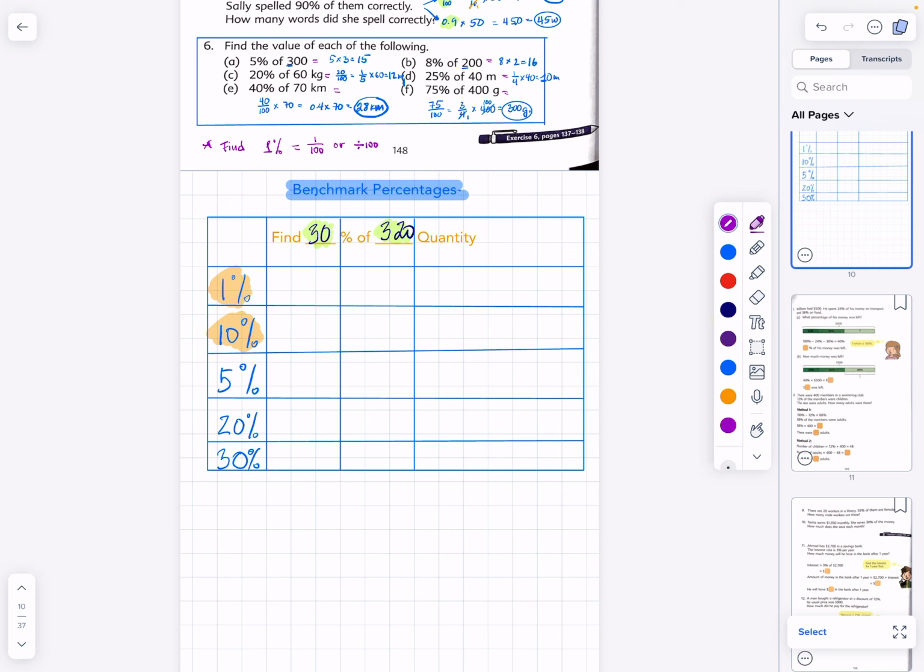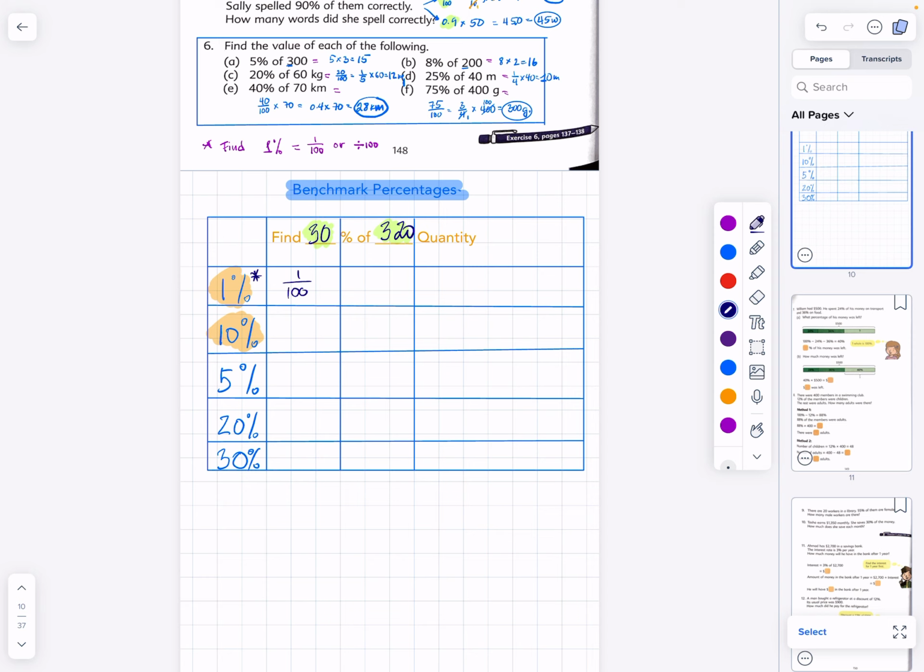Let's go. I'm going to pick up dark blue. Find 30% of 320. For example, what is 1% of 320? Well, let's discuss what 1% means. 1% means 1 out of 100 equal parts. So in order to find 1 out of 100 equal parts, let's imagine 320, we divide it into 100 equal parts, and we take only one of them.